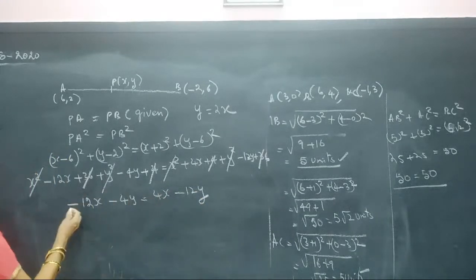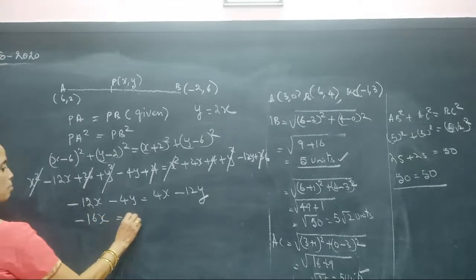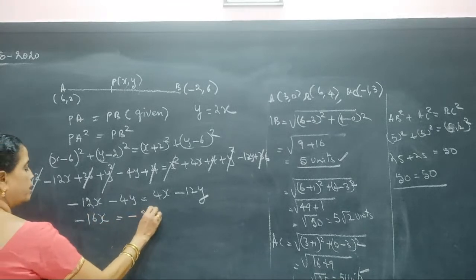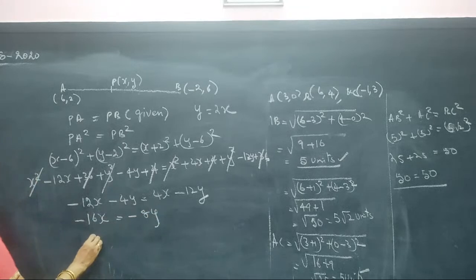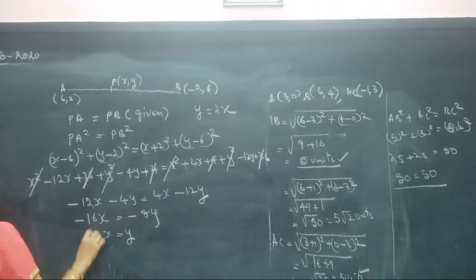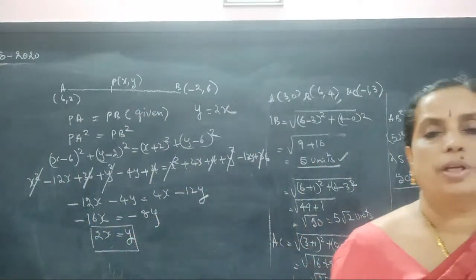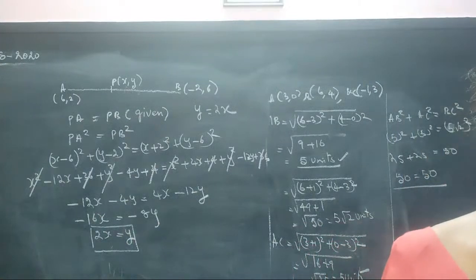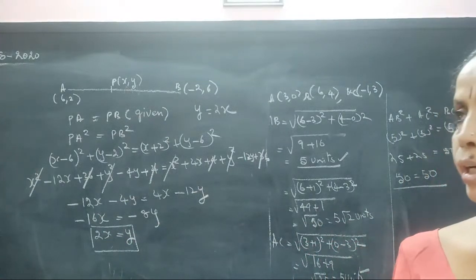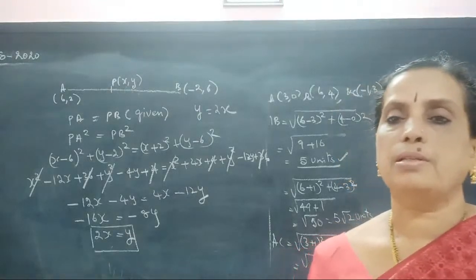And transfer, it becomes minus 16x equals minus 8y. So what you get? Cancelling negative, 2x equals y. This is the relation we need to prove. After doing, check whether the relation you got is right. y is equal to 2x or 2x equals y.